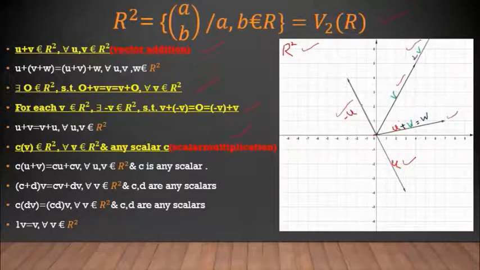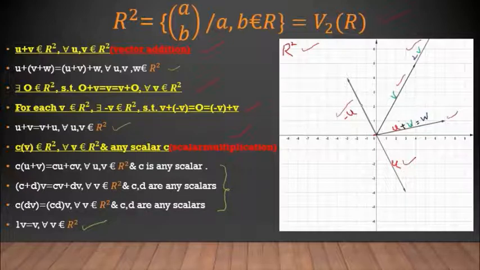The second one is nothing but the associative property, and the fifth one is nothing but the commutative property of addition. And next, these three are usually seen with all numbers, like distributive properties, but here the difference is that u and v are vectors, c is a scalar, and then c and d are scalars, v is a vector, simple distributive property. Then this is c, d two scalars and one vector, like the associative property, and the last one is the multiplicative identity, where a scalar 1 multiplied with any vector v gives you v again.